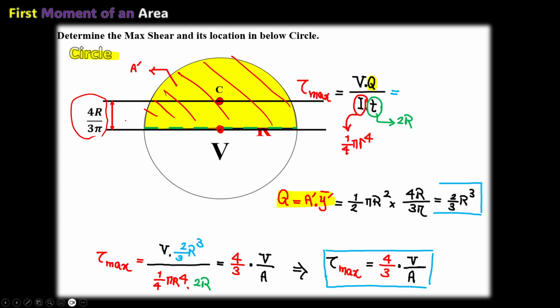For a semicircle, that is 4r over 3 pi, if this is our radius.